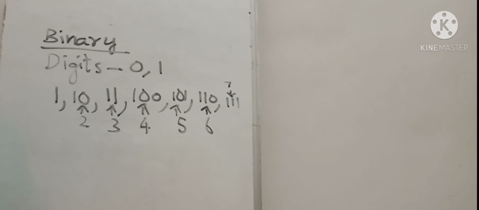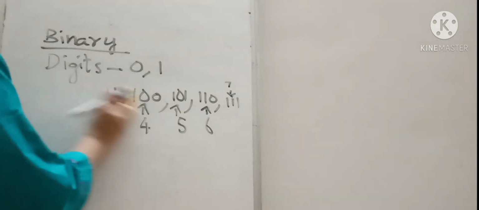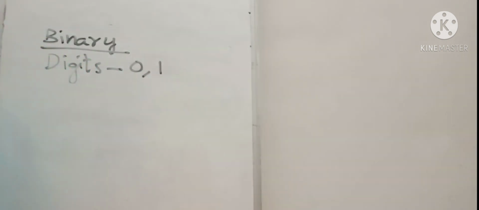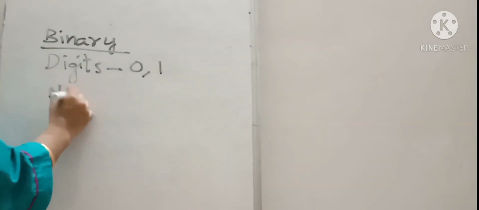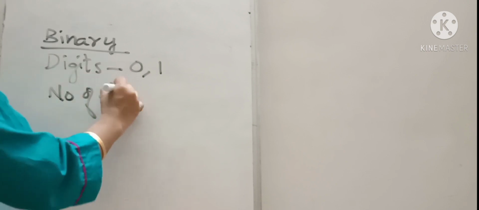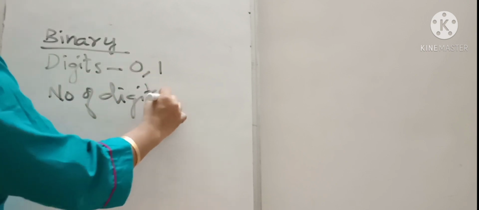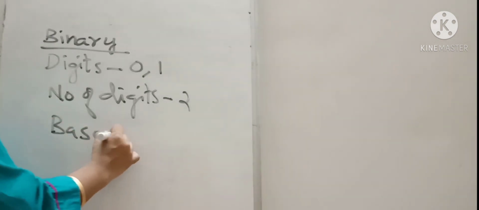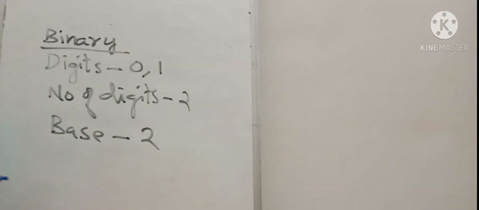So here the number of digits used is 2, and therefore the base of the binary number system is 2. Number of digits used is 2 and hence base is 2.